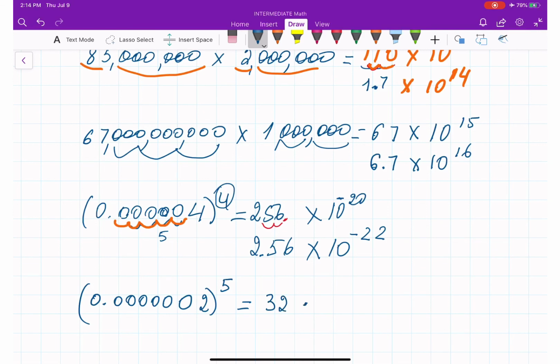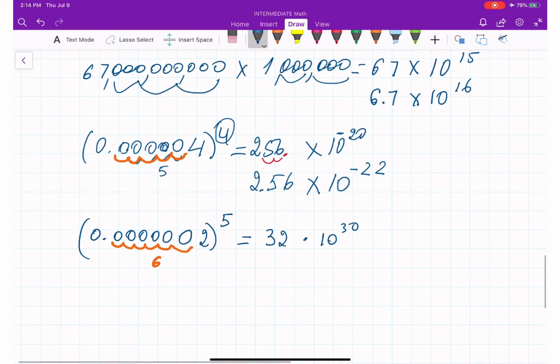And then times, let's count it here. 1, 2, 3, 4, 5, 6. 6 times 5 is 30, will be 10 to the power negative 30. But because 32 is not a scientific notation, I'm putting 3.2, and then here is going to be 10 to the power negative 31, where I moved only by 1 digit.